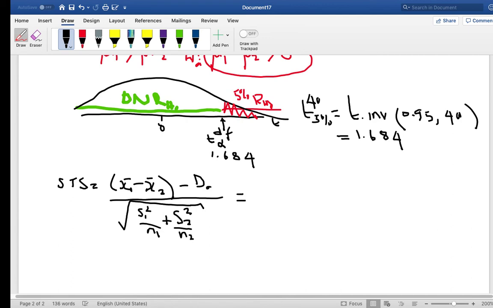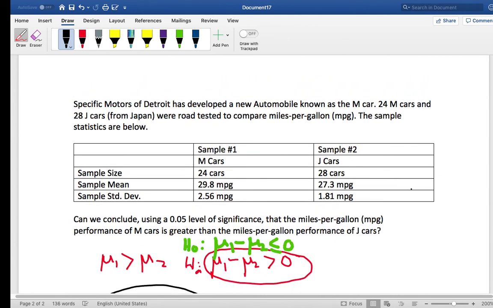x1 bar, we've got all the information above. x1 bar is the sample, so sample size is going to be n, and this is going to be the mean, x bar, and this will be the standard deviation. So n1, n2, x1 bar, x2 bar, s1, s2.